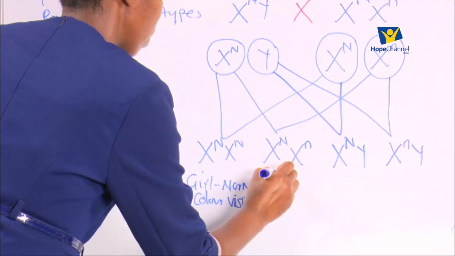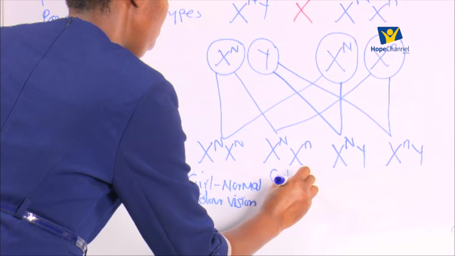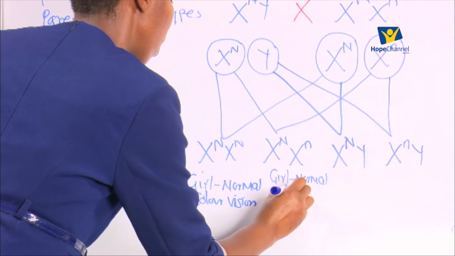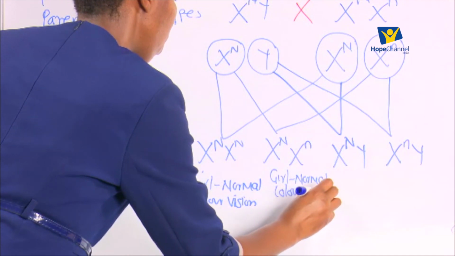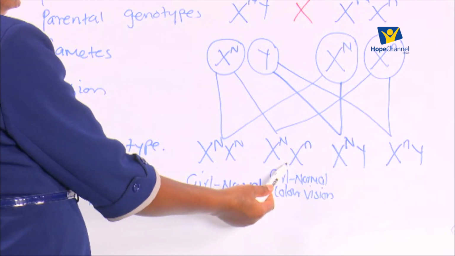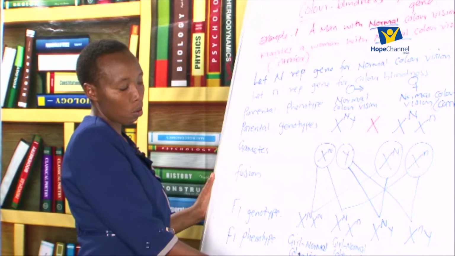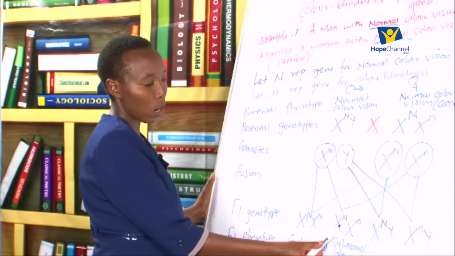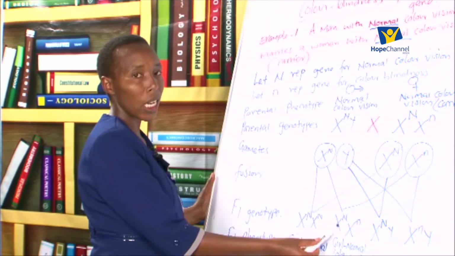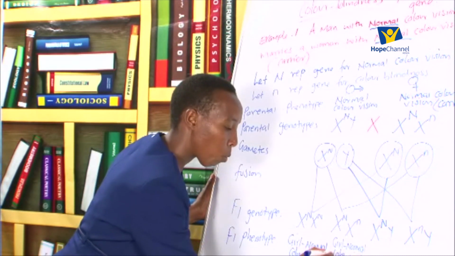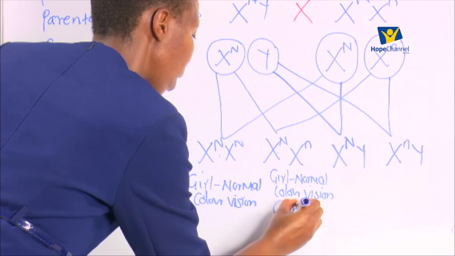Number 2, this is also a girl with normal color vision. But if you are very keen, this girl is not the same as this one. This girl has normal color vision in homozygous condition, but this one has normal color vision in heterozygous condition. So we are saying, yes, you have normal color vision, but you are a carrier.